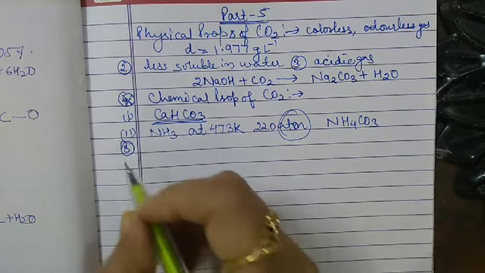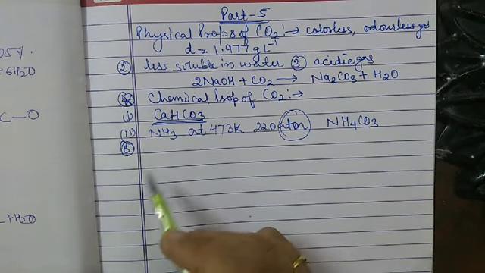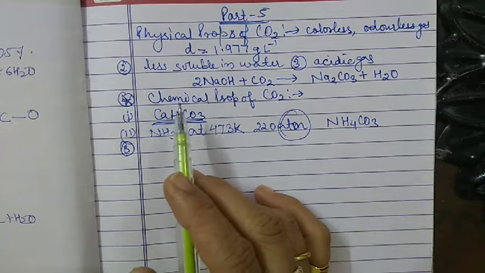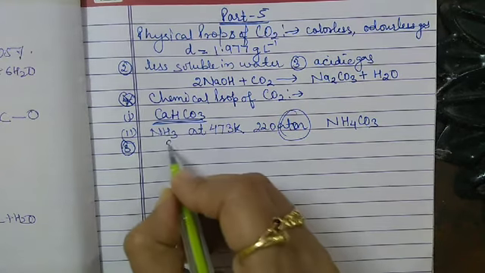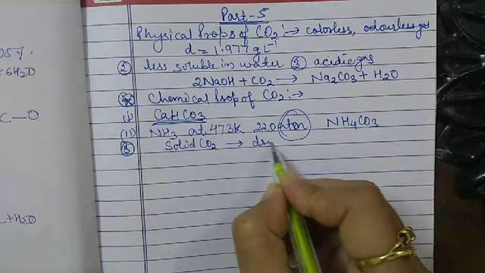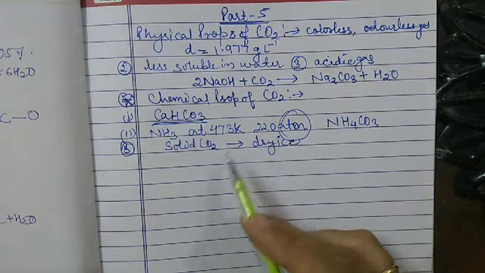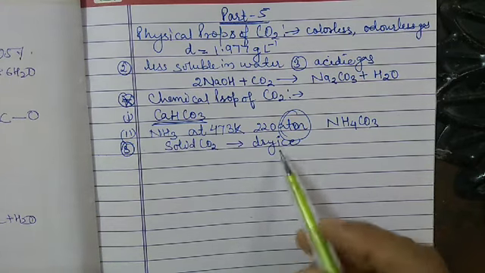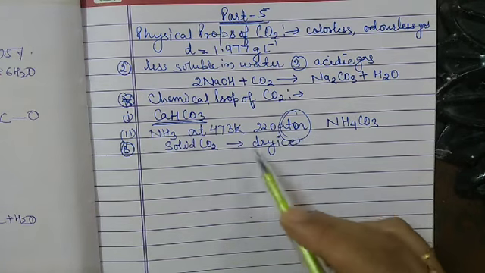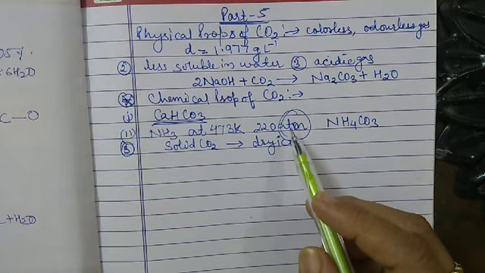The next chemical property is that when liquefied carbon dioxide is allowed to expand rapidly, it gets converted into solid carbon dioxide, also called dry ice. Dry ice is a soft white, snow-like compound.